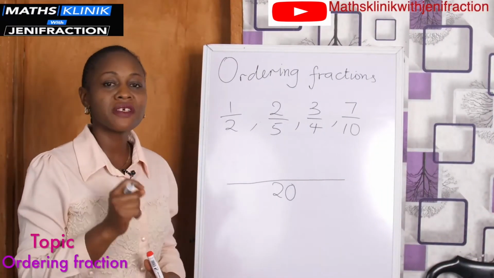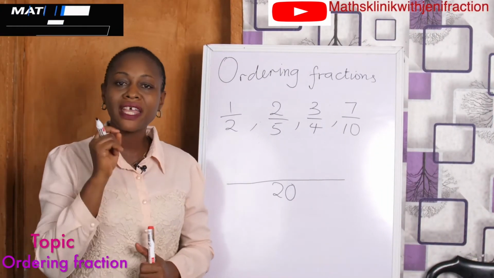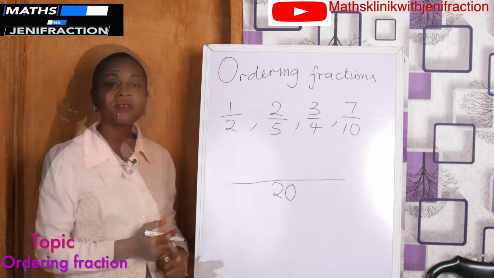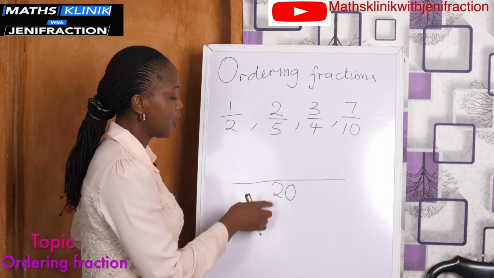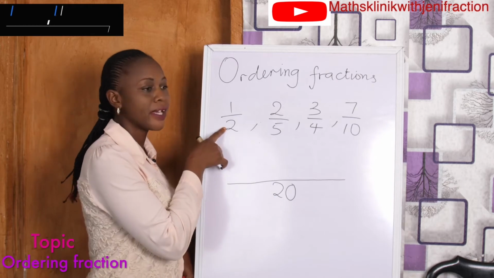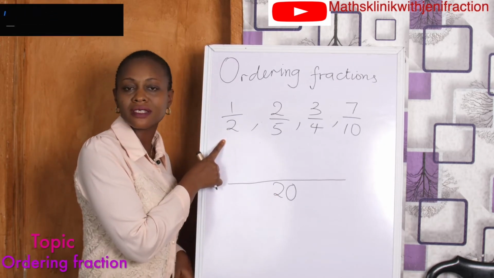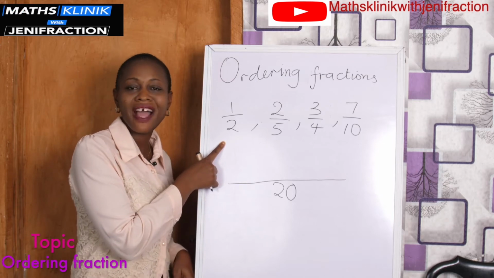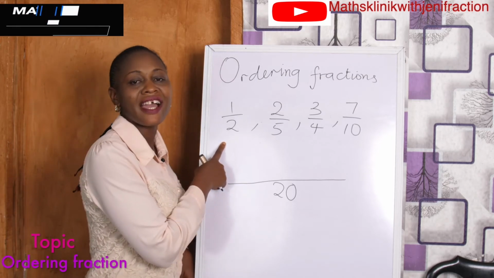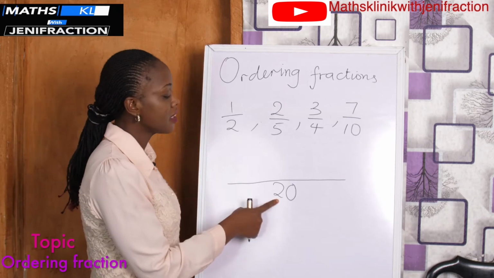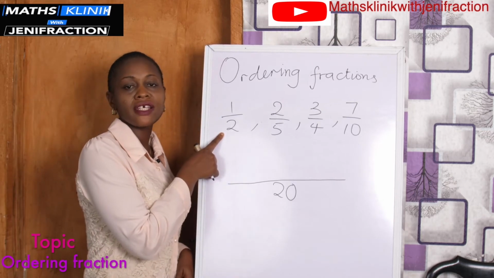Step 2, you divide your LCM by each denominator. I'll start with the first one. 20 divided by 2. 20 divided by 2 is what? 10. Remember I said divide and times. So 20 divided by 2 is 10.